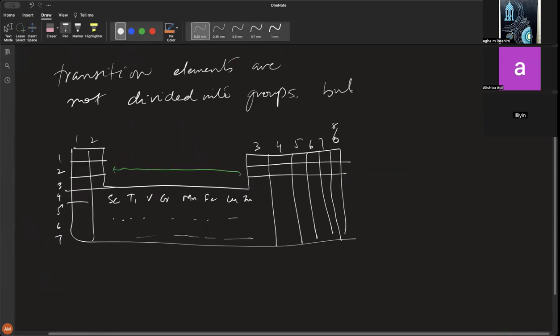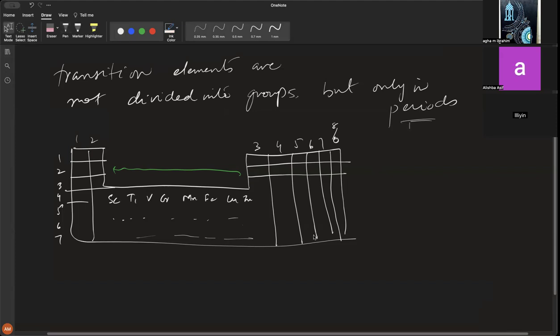So what do we mean by that? The reason is that the transition elements do not have any fixed number of valencies.